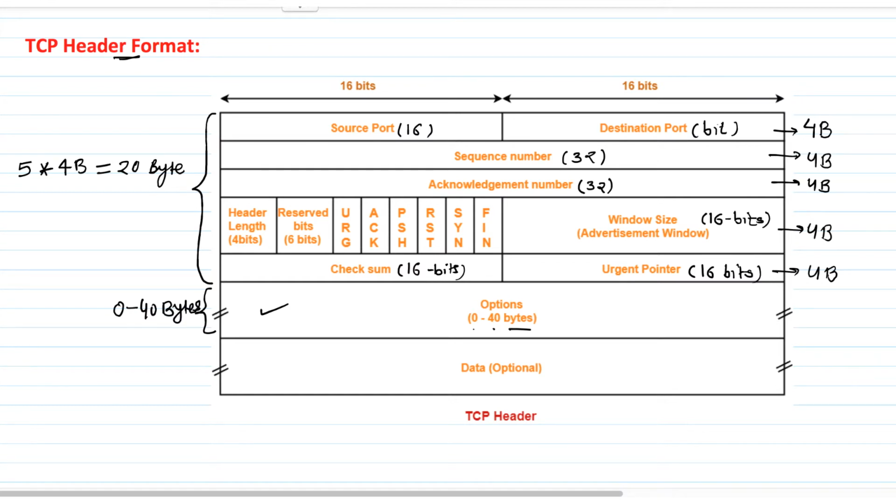Same as the IP header, the minimum length of this TCP header will be 20 bytes plus 0 bytes.